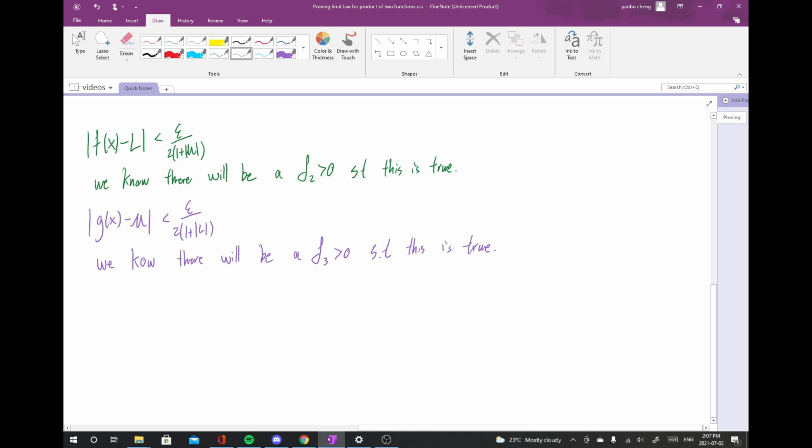And to reiterate, we know this is true because f and g are defined on the interval centered at a, except maybe not at a. And so because of that, their limit is defined, and that means for every epsilon value, there will be a delta that satisfies this.